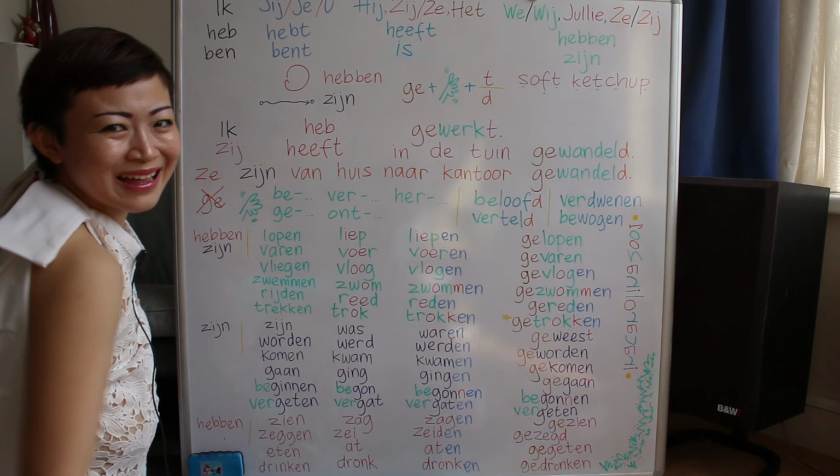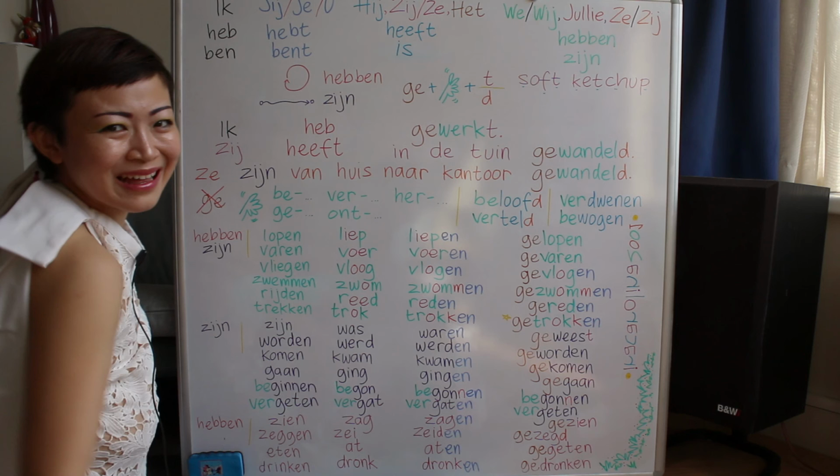Beginnen, begon, begonnen. Begonnen. Begun, because begin, began, begun. Begonnen. We see here, it started with be. There's no ge.